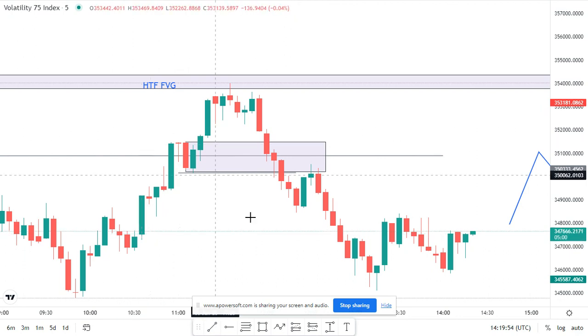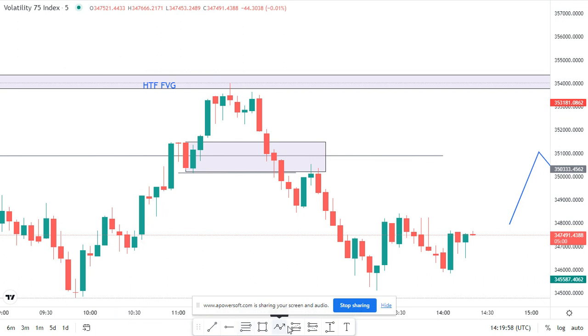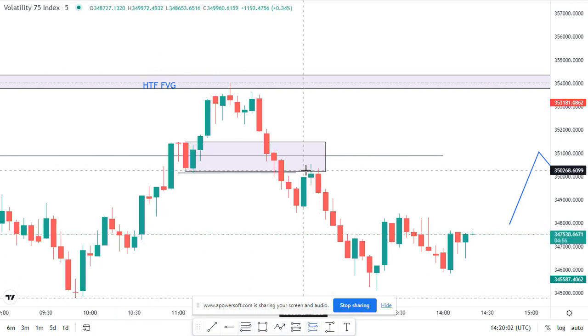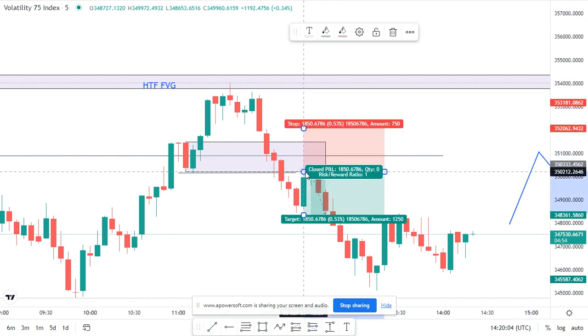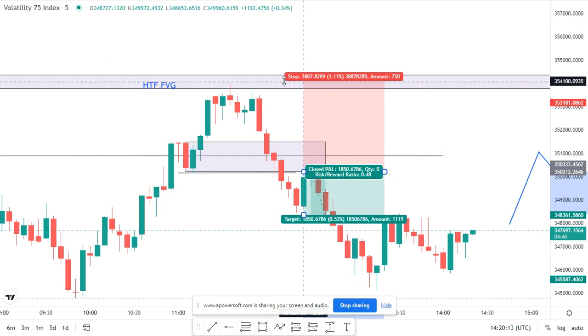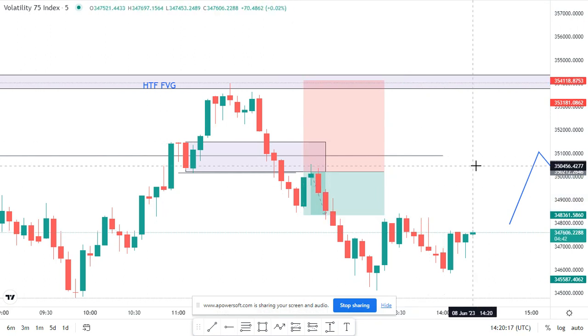So we wait for price to come back. You can put a sell limit order here in this zone, with the stop loss above the displacement high. Right?